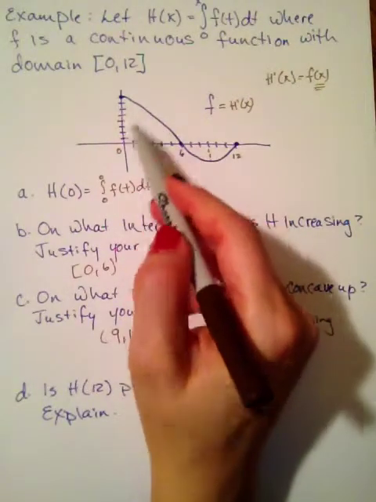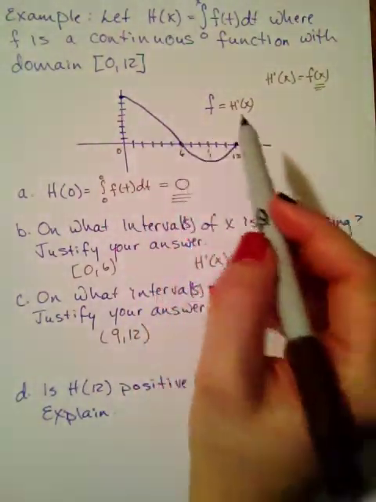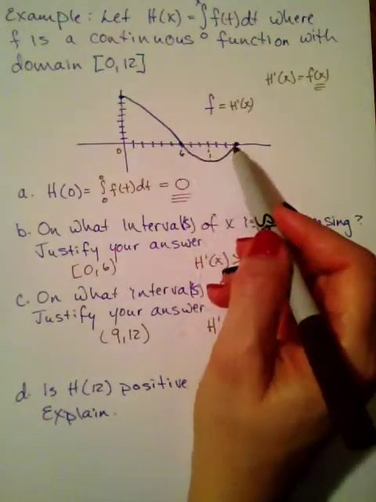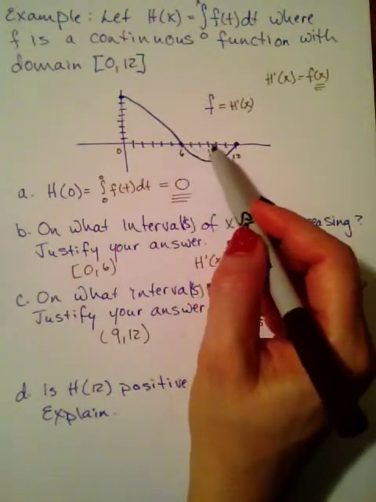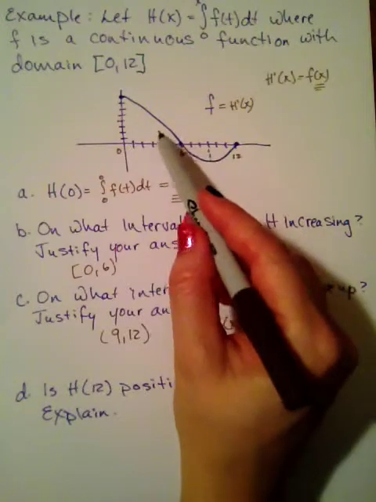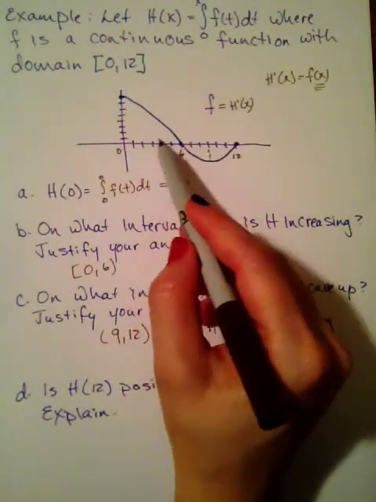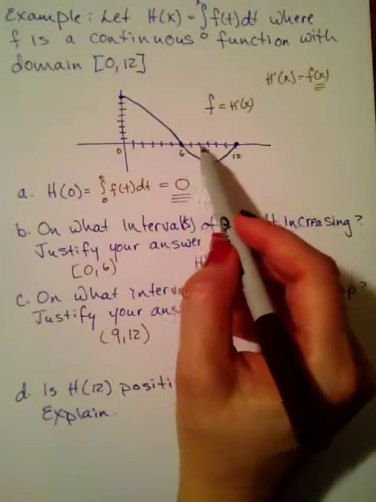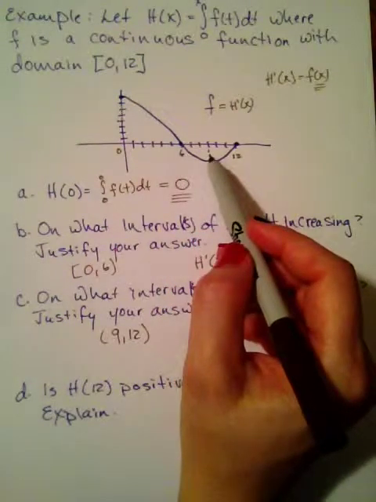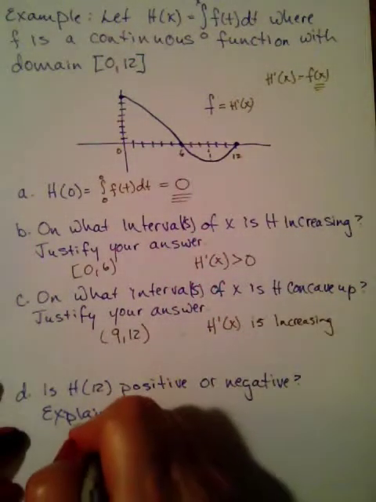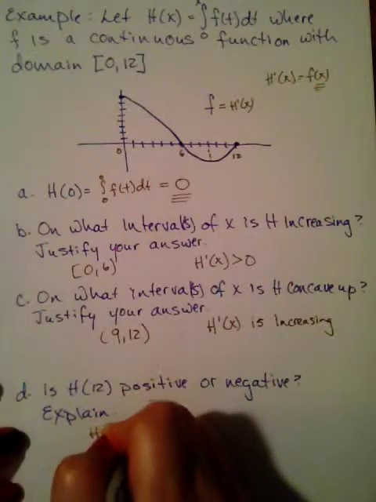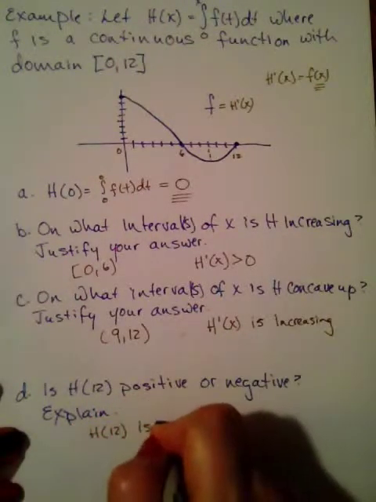So we've had a good net change in h. Then from 6 to 12, the graph was decreasing. But if you compare the two areas, this area is much smaller than this area, so the graph was increasing a lot more than it was decreasing. So we know that h of 12 is positive.